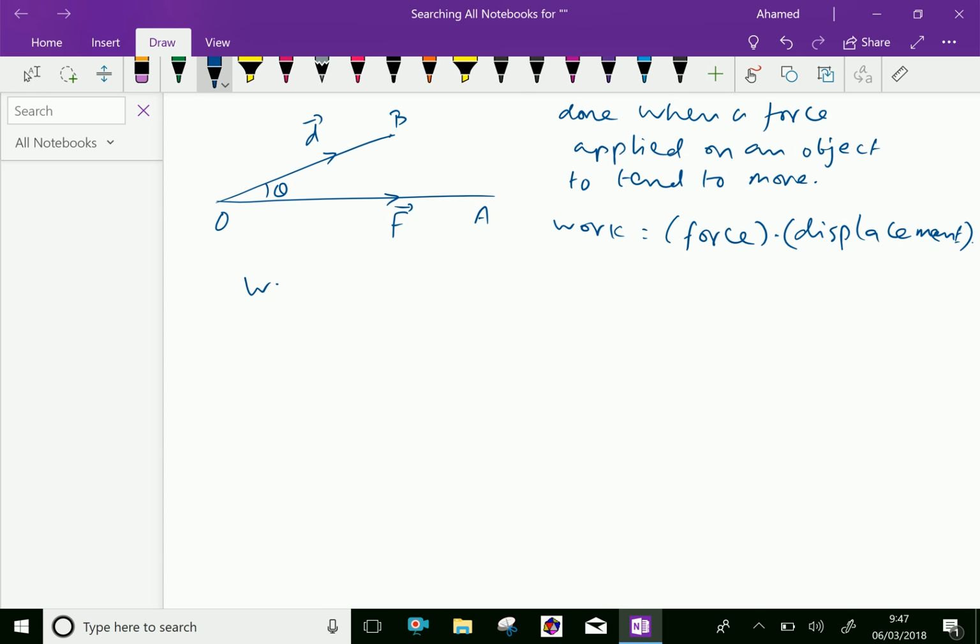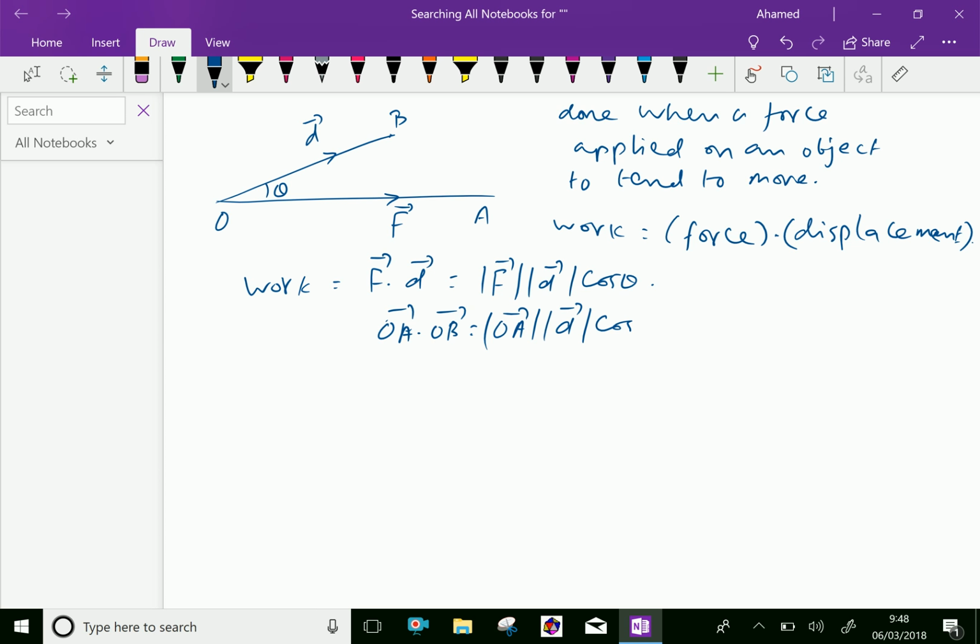Therefore, work in terms of vectors is equal to force vector dot displacement vector D, which equals the modulus of force vector into the modulus of vector D into cos theta. Therefore, you can write vector OA dot vector OB equals modulus of OA, modulus of D, into cos theta.